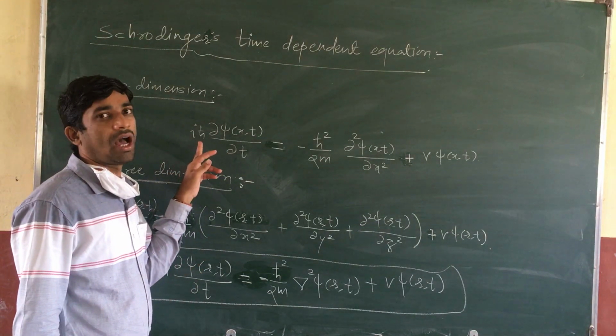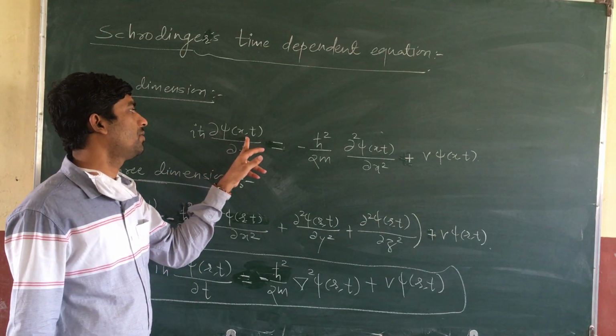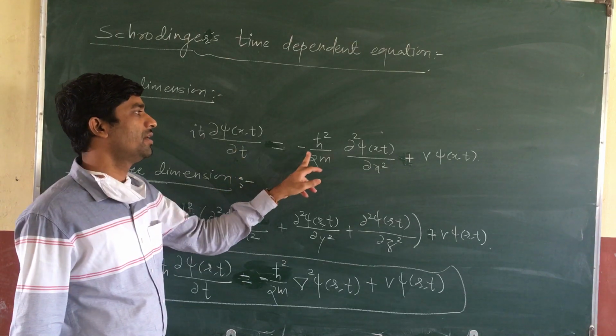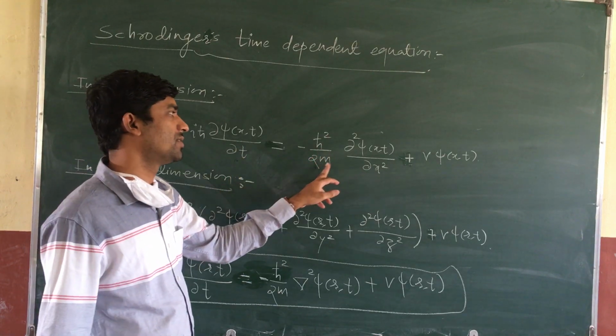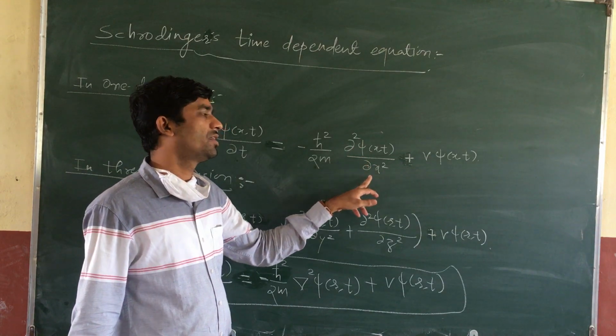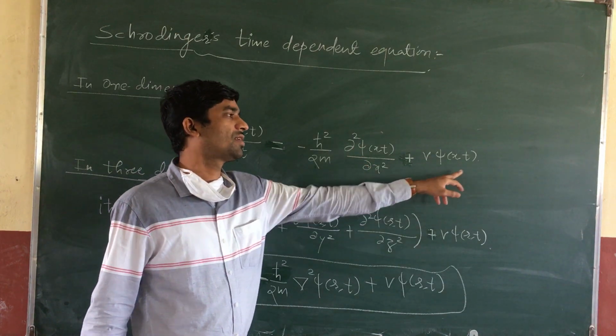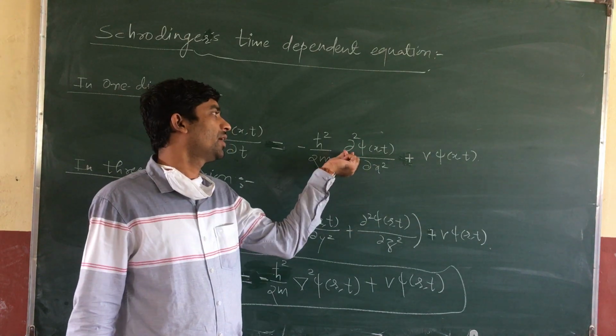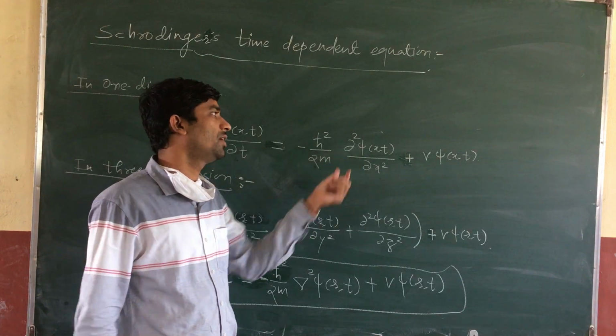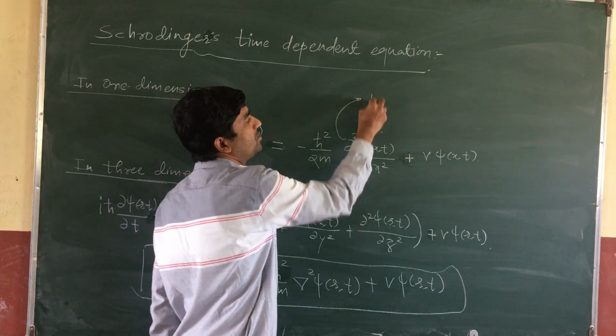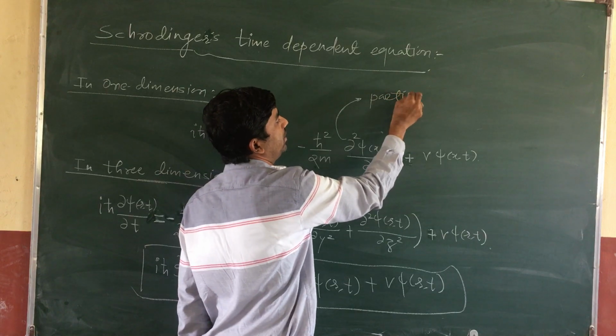It is iħ ∂ψ(x,t)/∂t = −ħ²/2m ∂²ψ/∂x² + Vψ(x,t). Actually, I have taken it as a ∂, or you can take it as a d, but this term is known as your partial derivative.